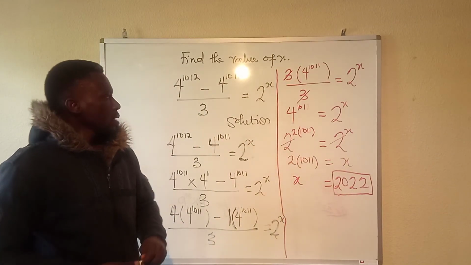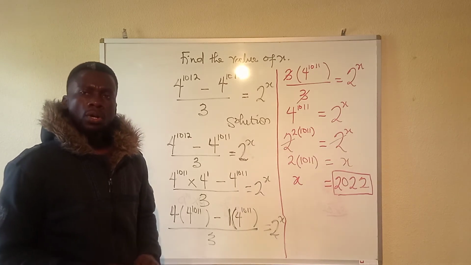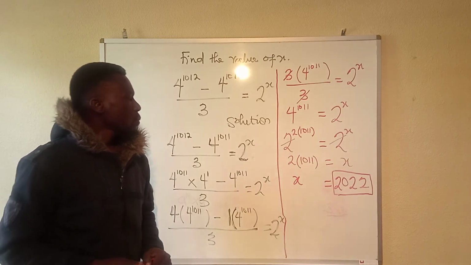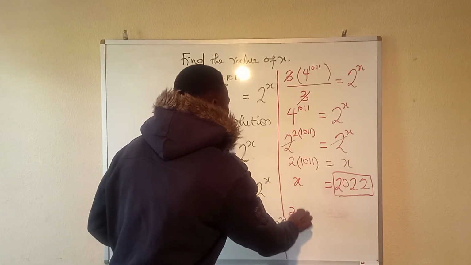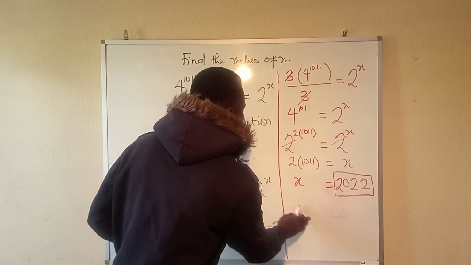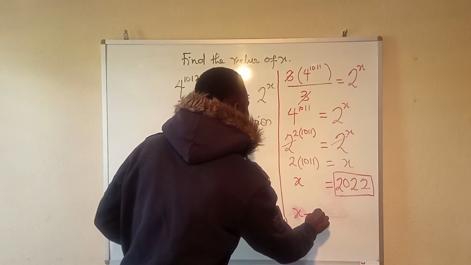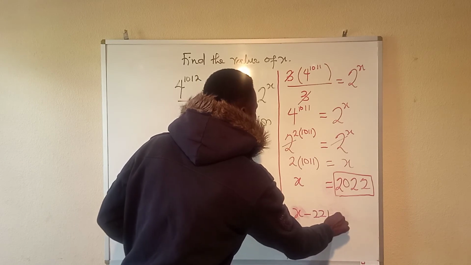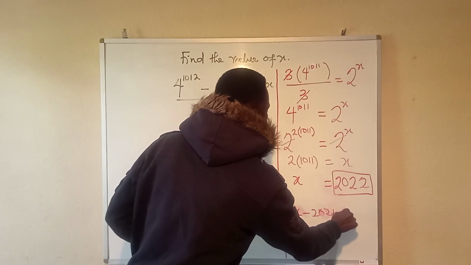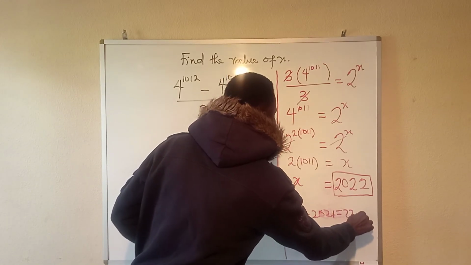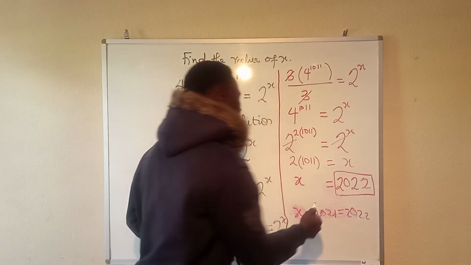Now, to show you that life itself is not simple, 2022 will not be simple. Otherwise, we could have just written an equation and said that x minus 2021 will be equal to 2022.